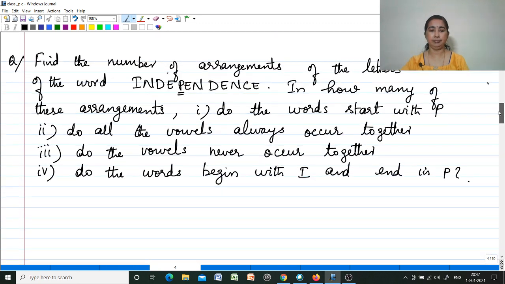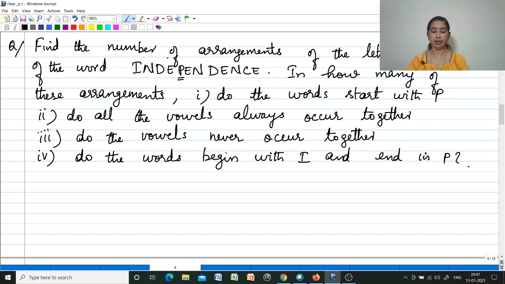Now next one: find the number of arrangements of the letters of the word independence. In how many of these arrangements do the words start with P? So the first question is, we have to find the number of arrangements if the word starts with P itself.